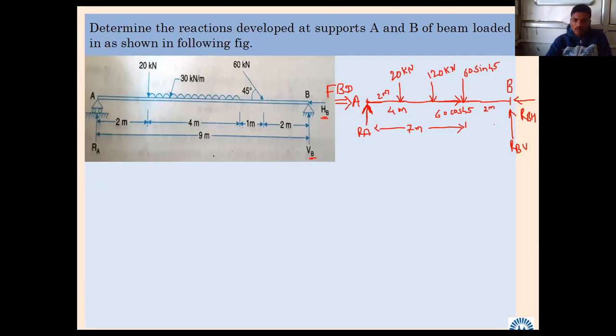Okay. Just check now. Is there anything remaining in this? What are we supposed to find? One is reaction RA and another one is RB. I will not write now. Horizontal and vertical component directly RA, RB.